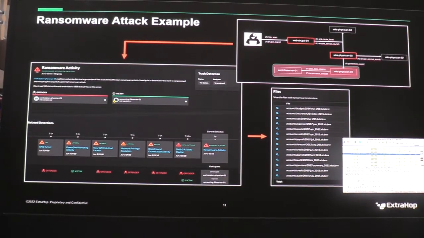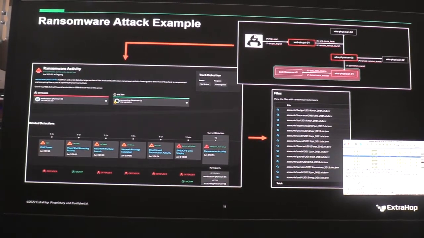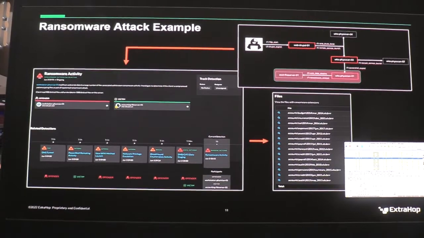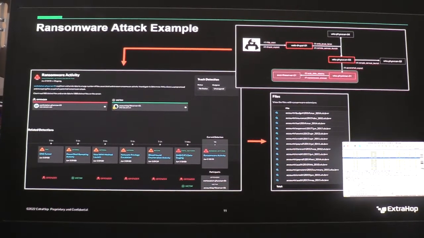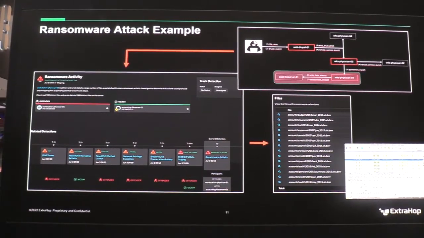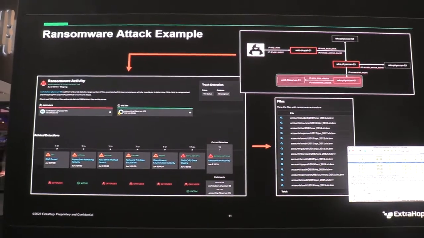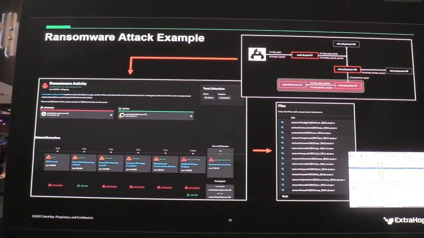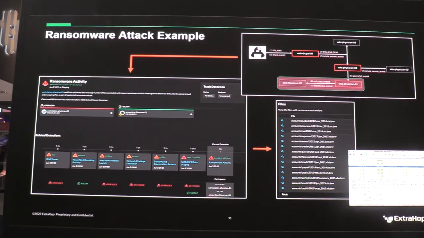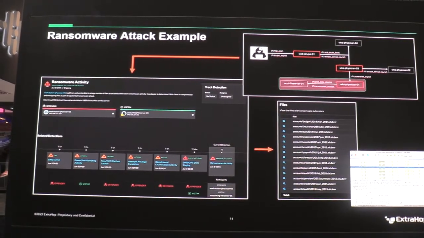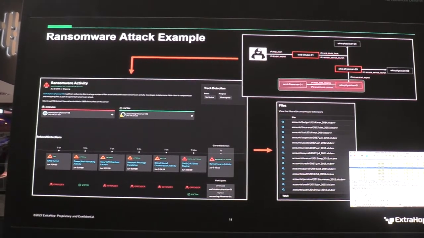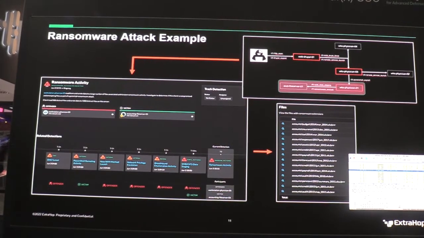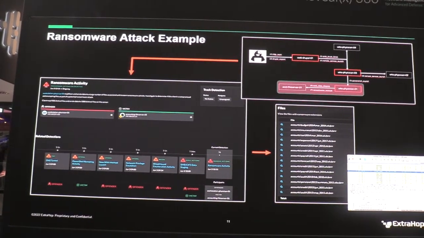That ransomware itself. What you see here on the bottom left is an example of the ransomware detection events that kicked off with ExtraHop. Troubleshooting detections with ExtraHop is very straightforward. You pop up the detection detail, and then really quickly, with a single button click or two, you can drill down into some of the forensic metadata or forensic evidence that led to that detection, that led to that conclusion.